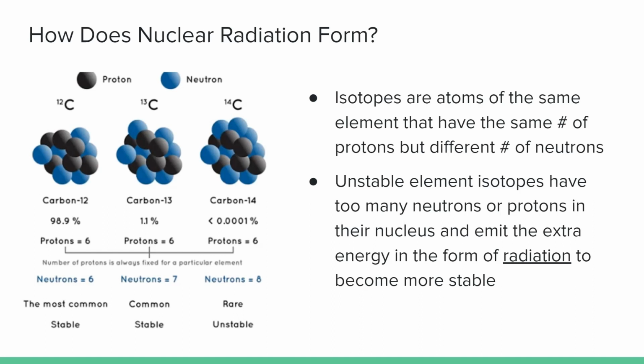So stable atoms don't change over time. That's why they're called stable, while the unstable isotopes have either too many neutrons or too many protons in them. And over time, they'll try to emit the extra energy that they contain to get to a more stable form. And that emission of energy in the form of particles or waves is what we refer to as radiation.